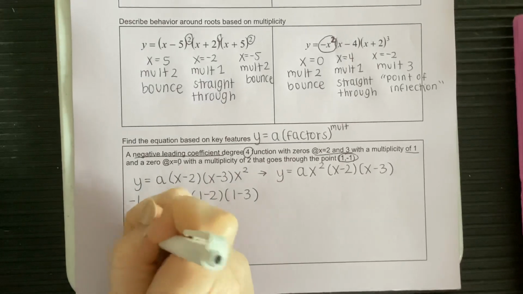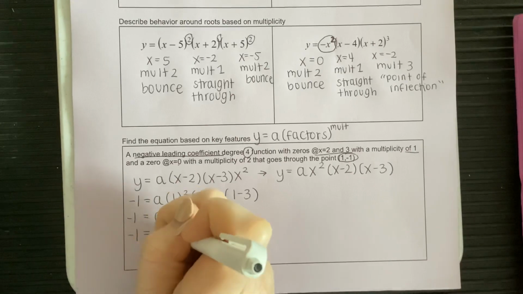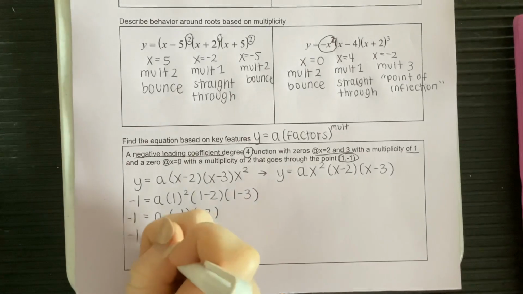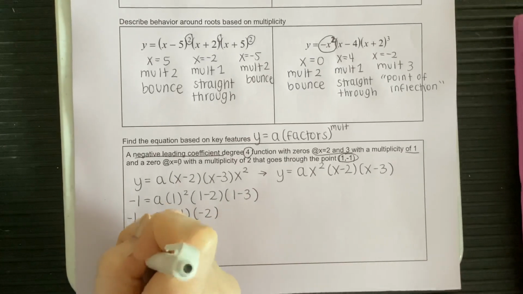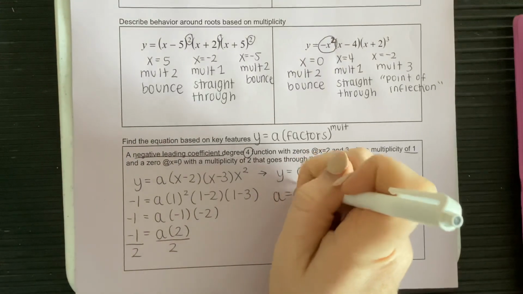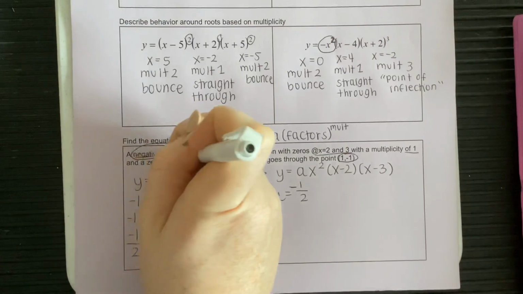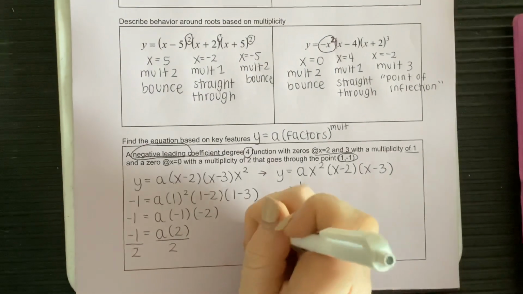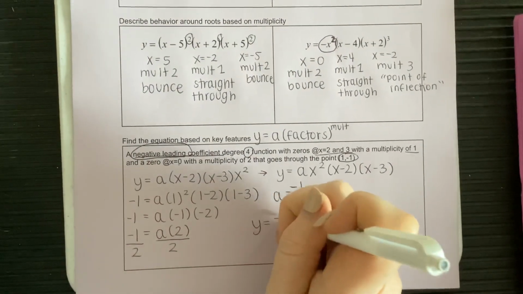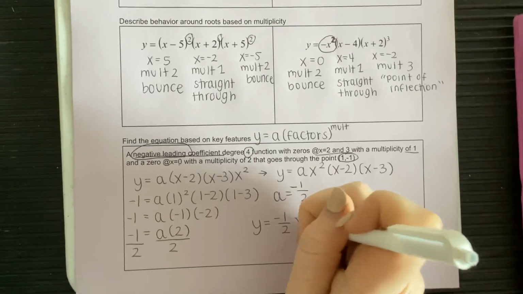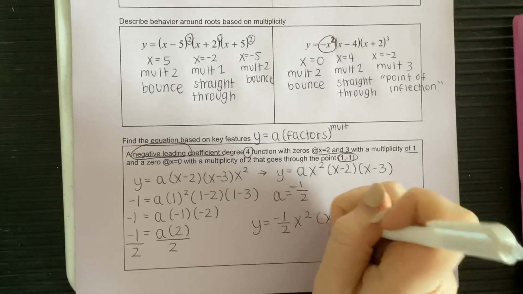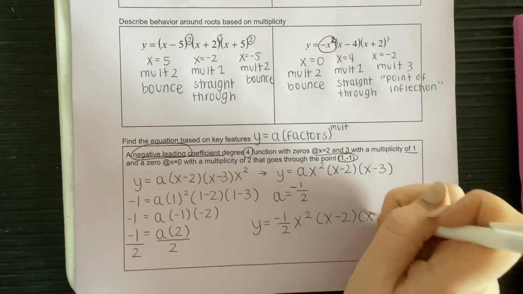So this is -1 is equal to +2a. Divide by 2. Divide by 2. Your a value is equal to -1/2, which matches what this says here. We said that it was a negative leading. So you can write your equation as y equals -1/2 x squared, x minus 2, x minus 3.